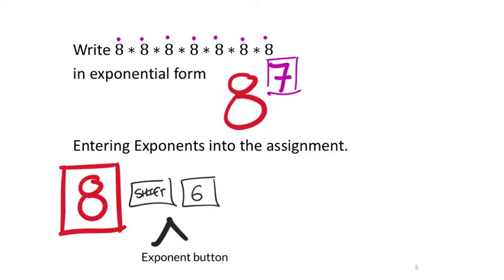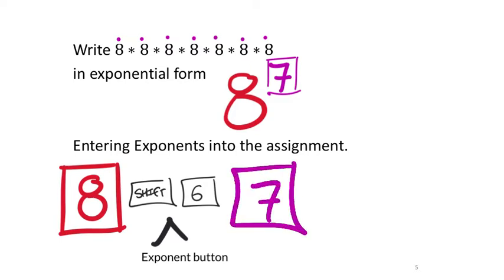So even on the assignment, once you type this in, Shift 6, which has that little caret symbol right above the 6 on the keyboard, you'll see that the computer will change the cursor from this big base notation into its exponent notation. So, of course, on this one, you'll be in exponent mode then, so just push 7.